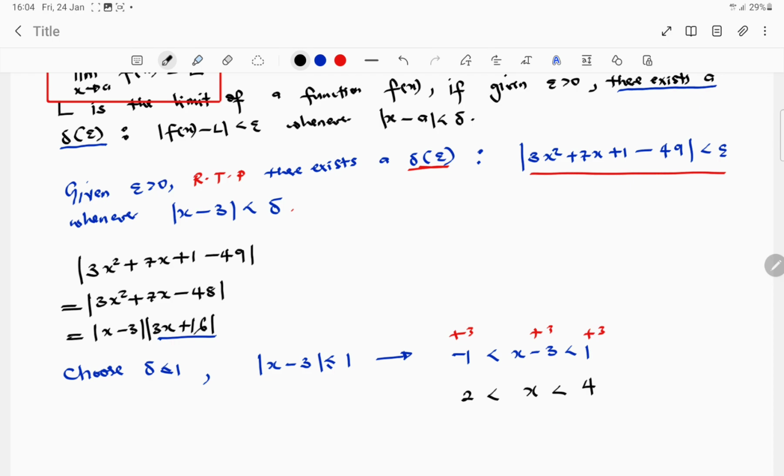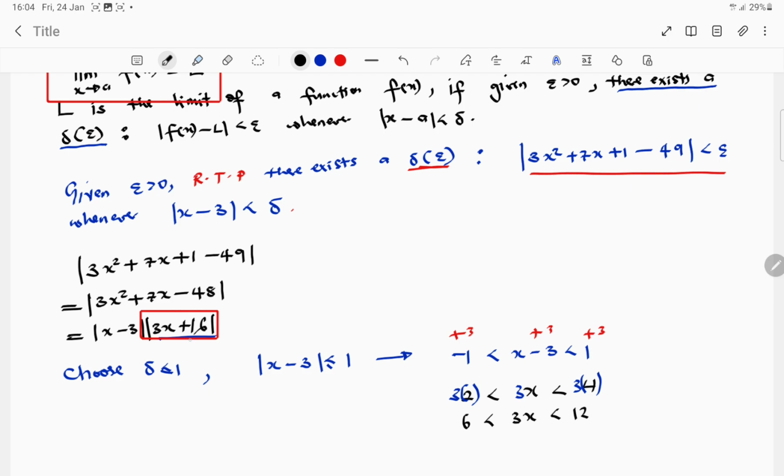How about for 3x? We want to bound 3x plus 16, so here we have to multiply everything by 3. After multiplication by 3, we get 6 is less than 3x, which is less than 12.